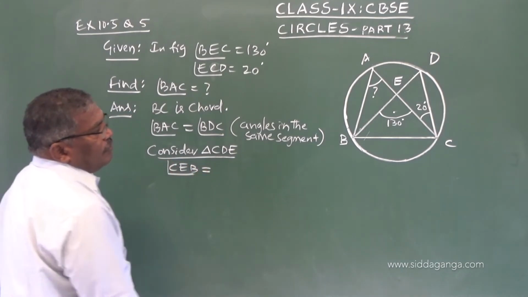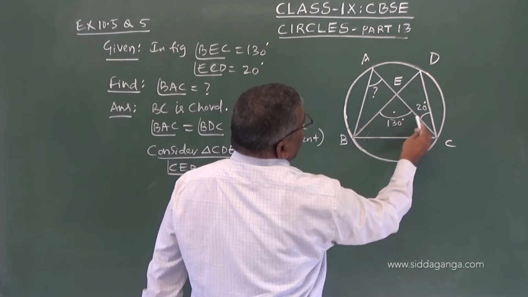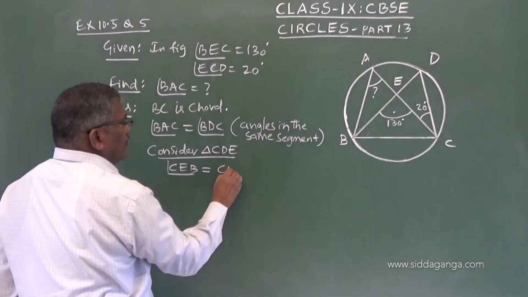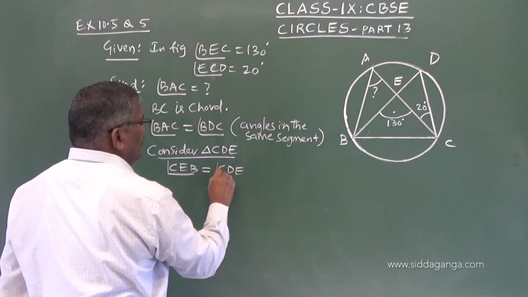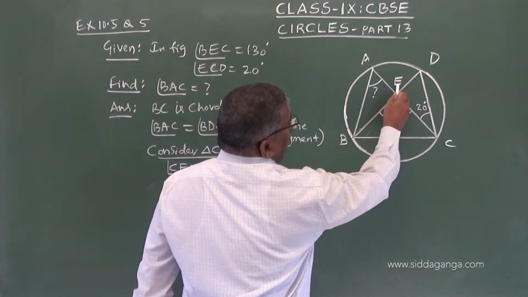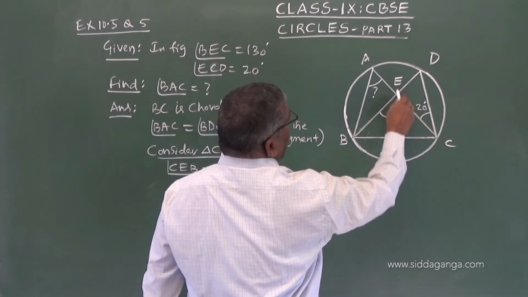It will be equal to the sum of interior opposite angles, that is CDE plus BCE or ECD.